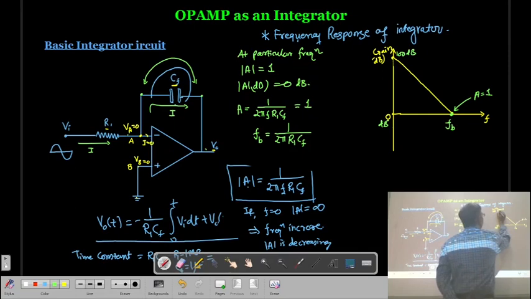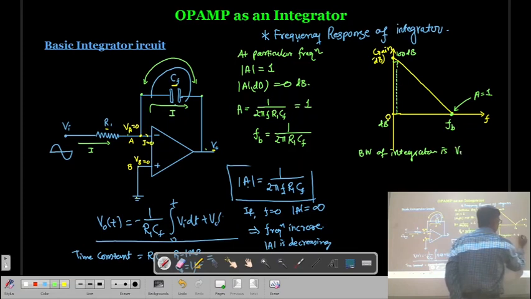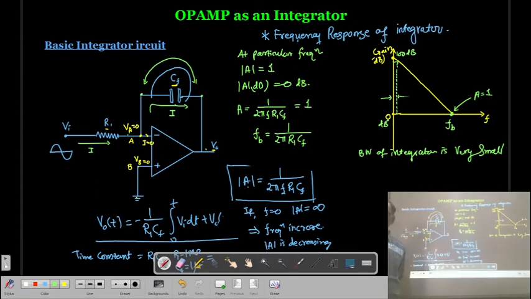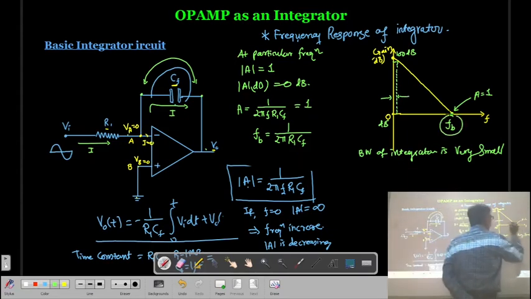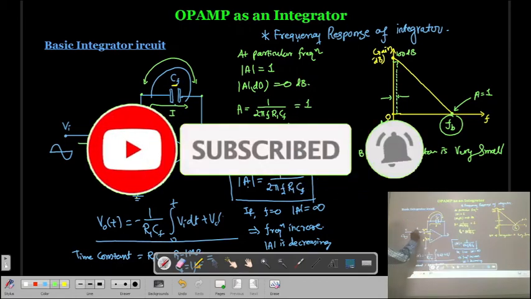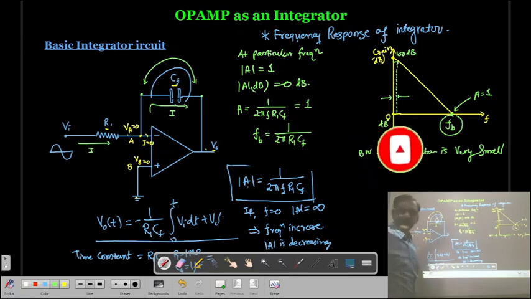So if you see, this frequency is very small. So here you can say the bandwidth of the integrator is very small. But it can give the integration up to the frequency fb. So that frequency depends on what? My input resistance R1 and the feedback capacitor Cf.